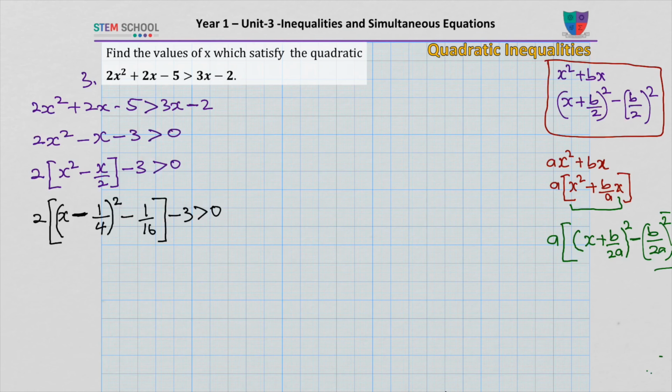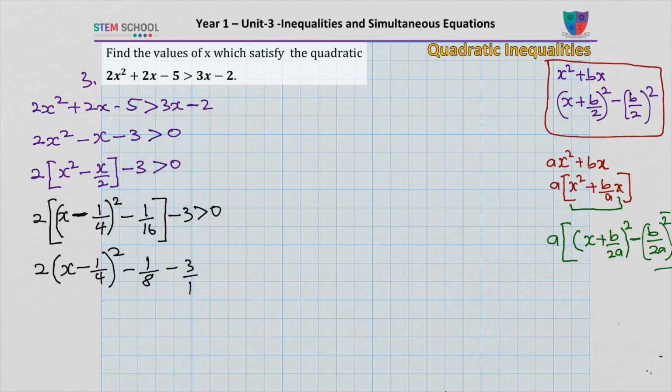I open the square bracket, so I get 2 into bracket x minus 1 over 4 squared minus 1 over 8, because 2 times 1 is 2, so I get 2 over 16, that's 1 over 8. Then minus 3, which is 3 over 1.